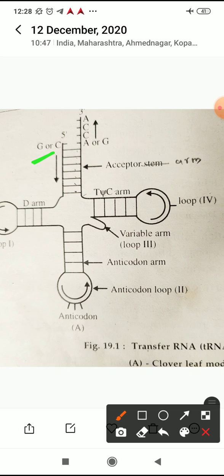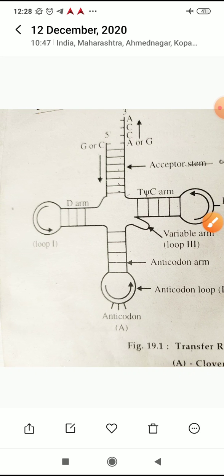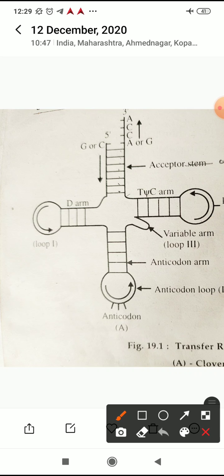Then the next, here you can see the D arm. It is also called as a dihydrouridine arm. So it consists of only 3 or 4 base pairs and possesses a loop, and that is the loop 1, and 8 to 11 nucleotides.